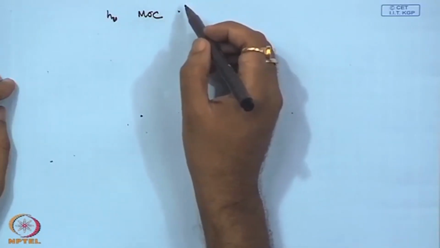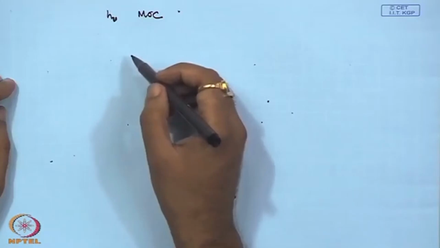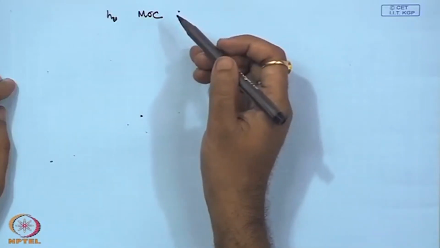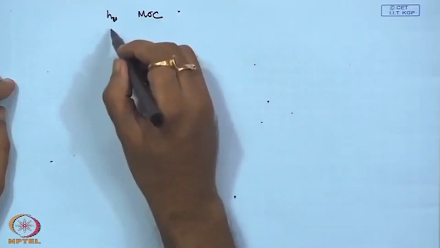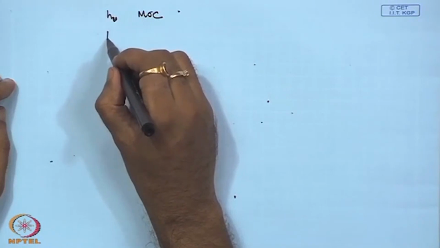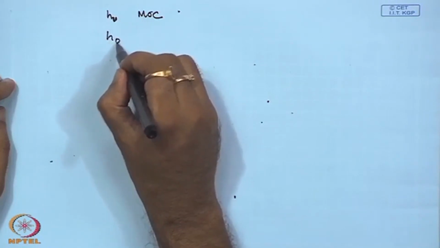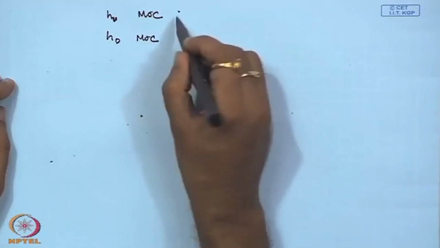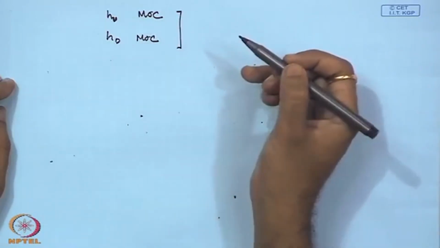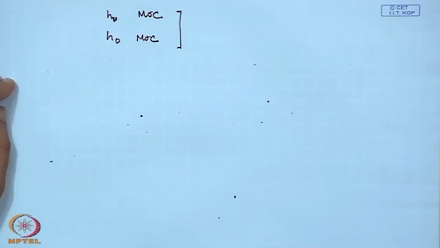The equation at the downstream also, this MOC can be utilized to get the levels for H.